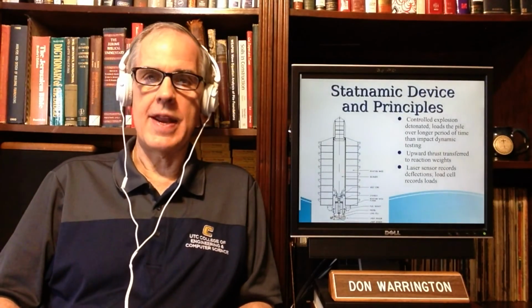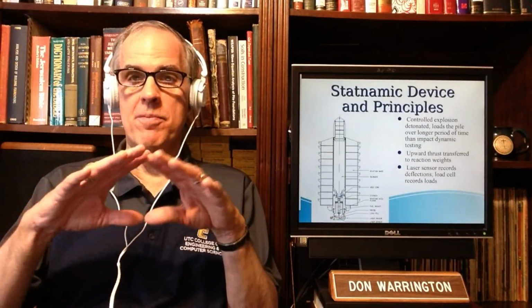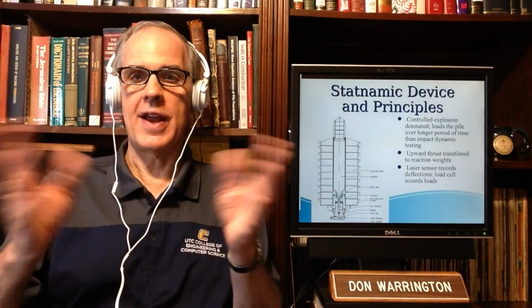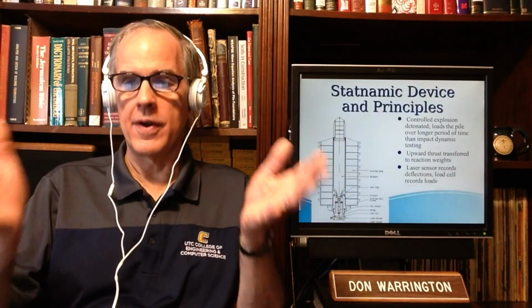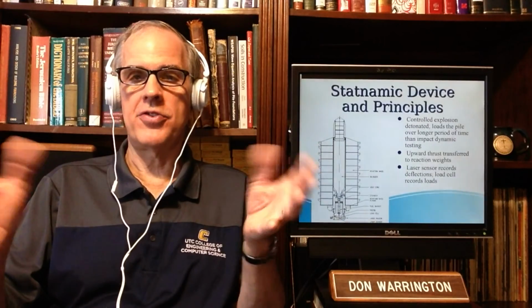The problem with any static load testing, or any load testing period, is that every static system has a reaction system. With impact load testing you can kind of ignore this. So what kind of reaction system do you have for Statnamic? You have a system of weights. And basically what happens is that when you have this nice controlled explosion, the pile goes one way and the weights go another.